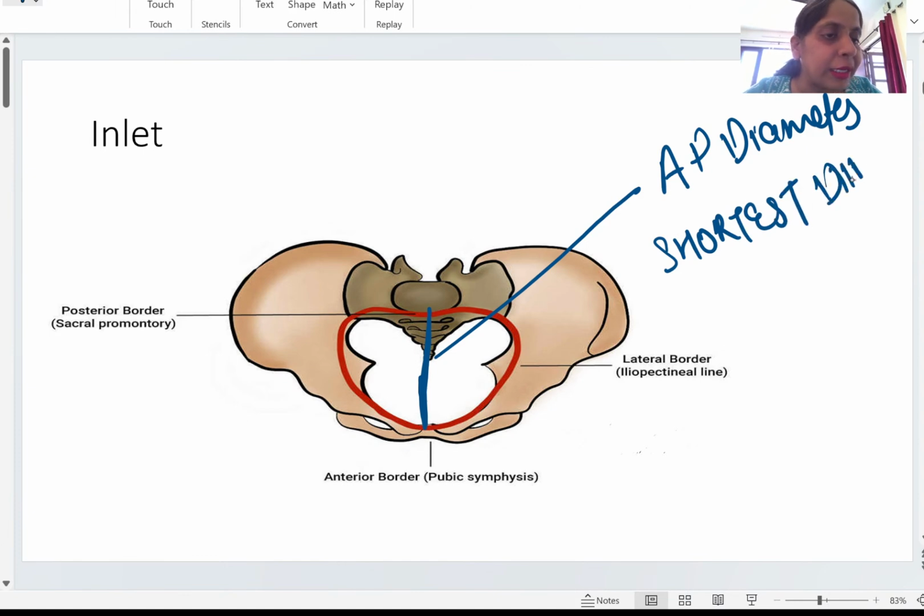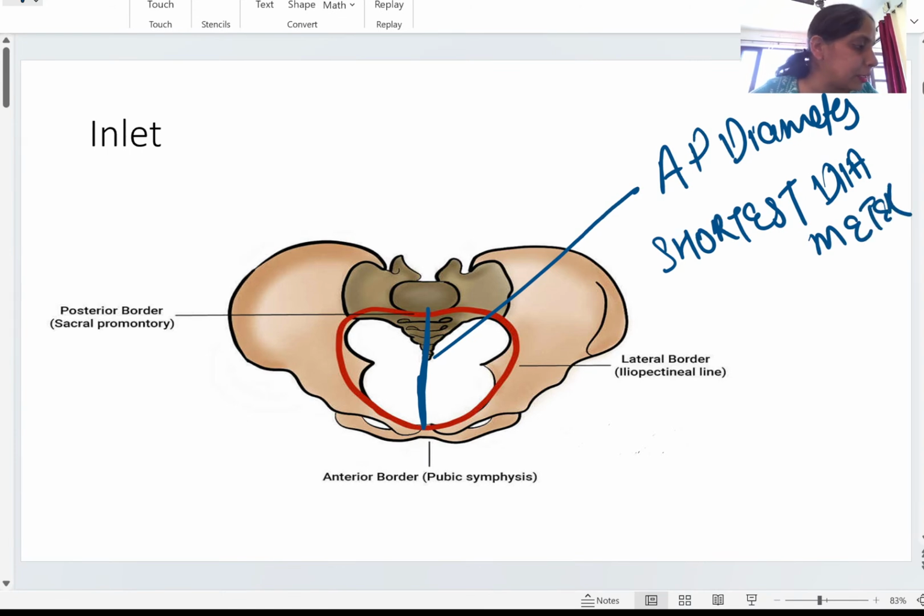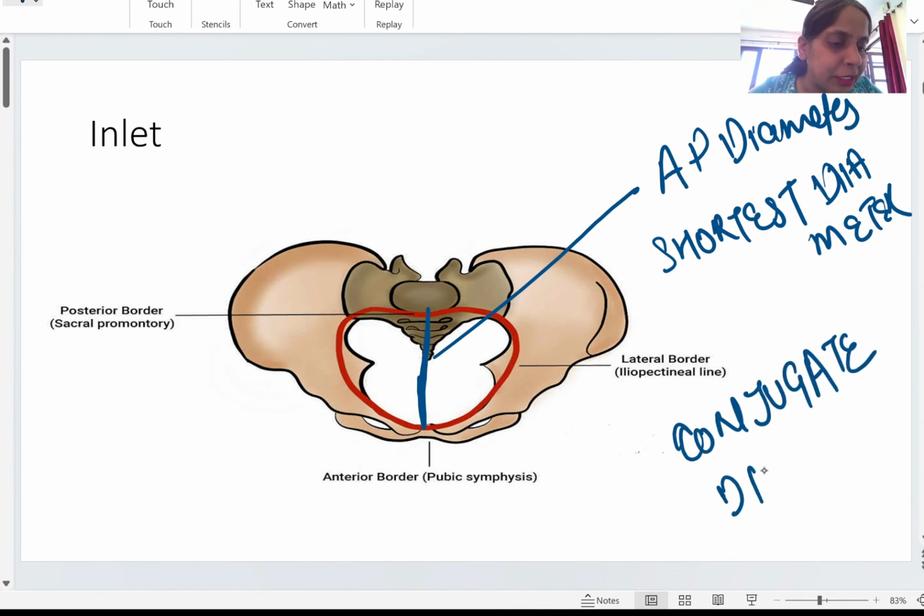What is another name of the antero-posterior diameter? Write down in the chat box. The other name is conjugate diameters. Very good. The anteroposterior diameters are the most relevant inlet diameters. We will be only studying the relevant diameters.